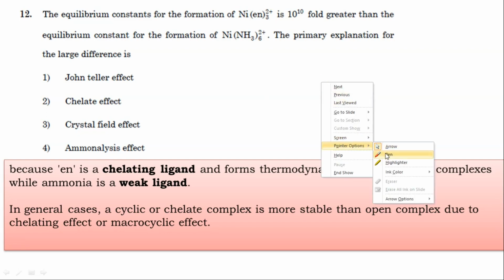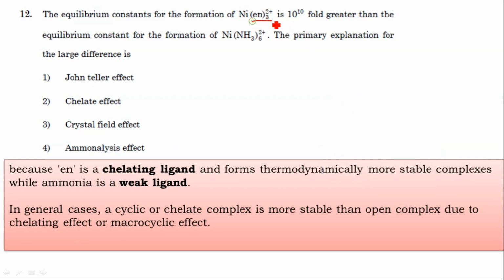Ethylene diamine is a chelating ligand, and a chelating ligand forms thermodynamically more stable complexes, while ammonia is a weak ligand. So there is a difference between en and ammonia. In general, a cyclic or chelate complex is more stable than other complexes. So the reason the equilibrium constant is 10 to the power 10 times higher for Ni(en)3 than Ni(NH3)6 is the chelate effect.